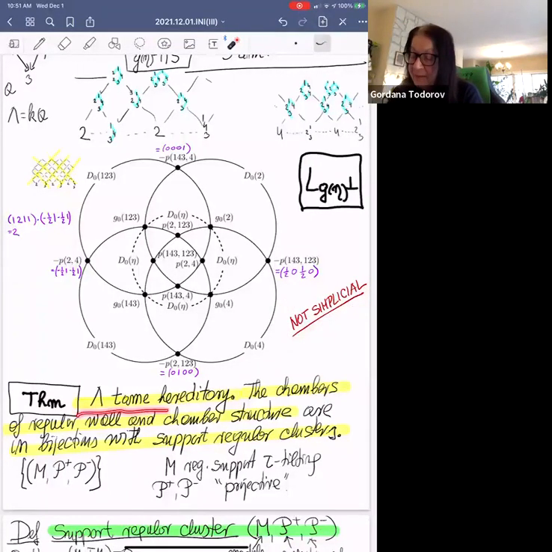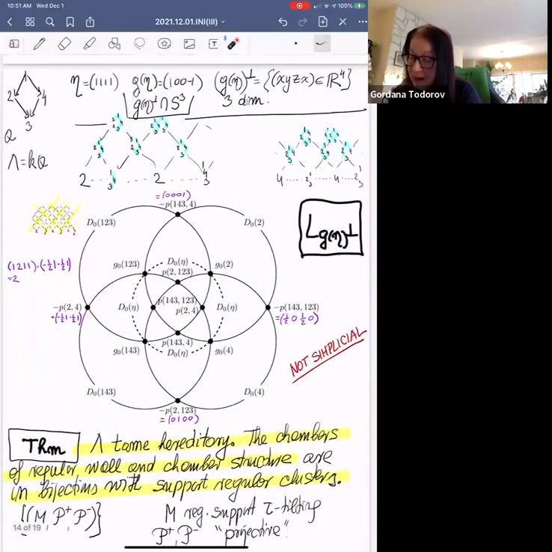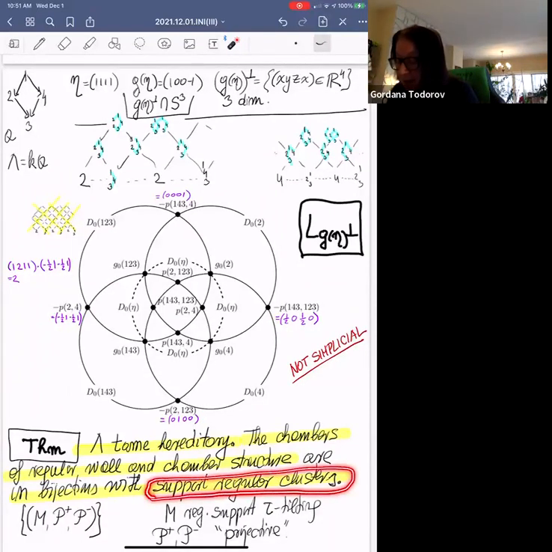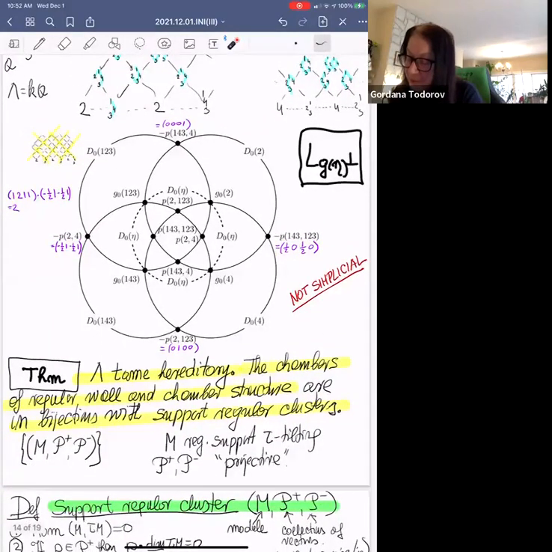And so if lambda is stem hereditary, the chambers of regular walls, the chamber structure, which is exemplified here, are in bijection with support regular clusters. Support regular clusters are a kind of generalization of tau-tilting. These support regular clusters will consist of M, P plus, and P minus.